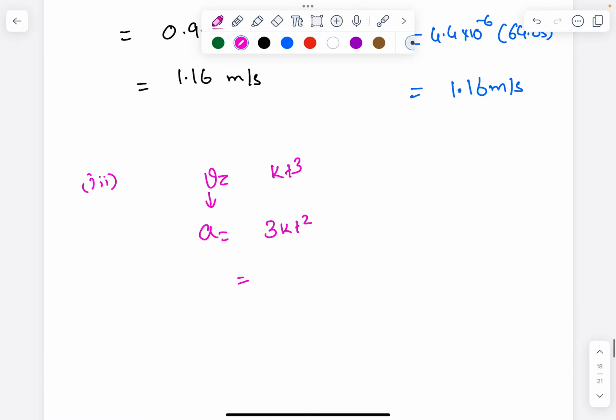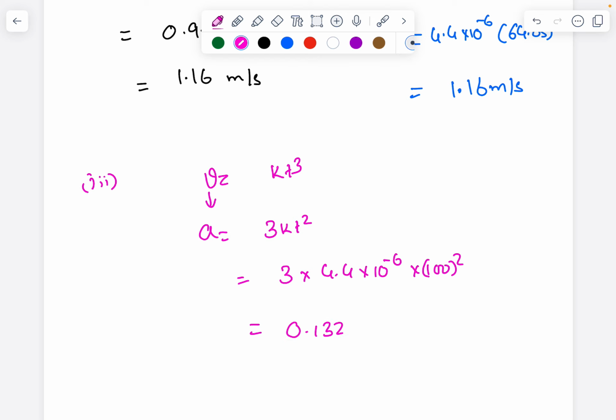So 3 times 4.4 times 10 to the power of negative 6 times 100 whole squared, which, when I do it by calculator, is 0.132 meters per second squared. That's going to be the answer.